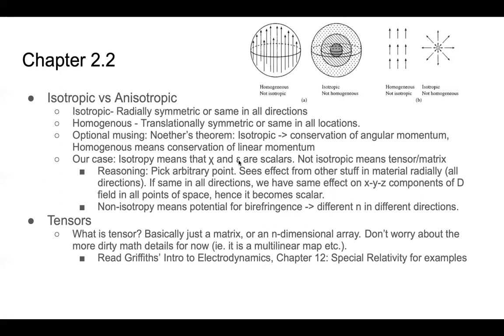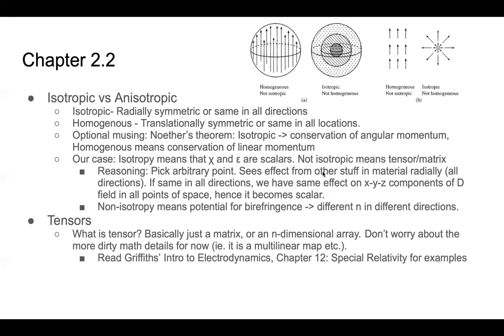If you take a point, let's say x equals 0, you have effects from every point that's 1 meter away. Isotropy means that the effect from every point that's 1 meter away is the same, meaning that we can just treat chi and epsilon as scalars.